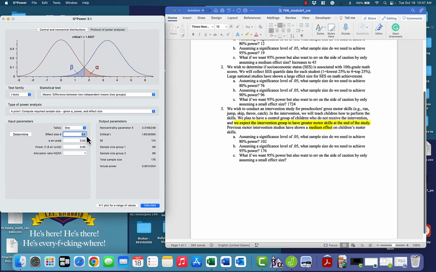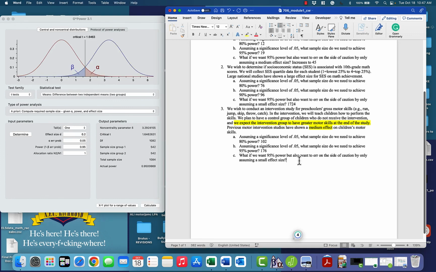So if we change this to 0.2 and calculate, we now see that we need 1,084 children, or 542 children in each group. So our study gets monumentally harder in terms of sampling, the smaller that effect size that we assume.